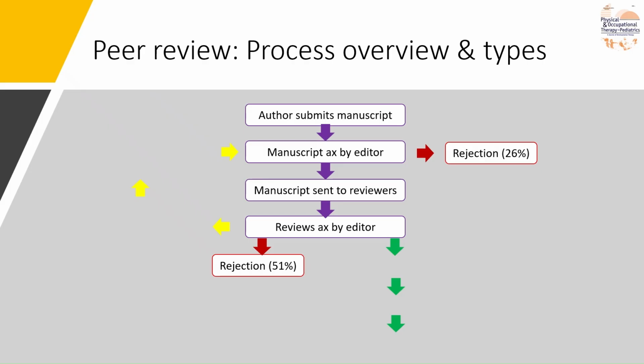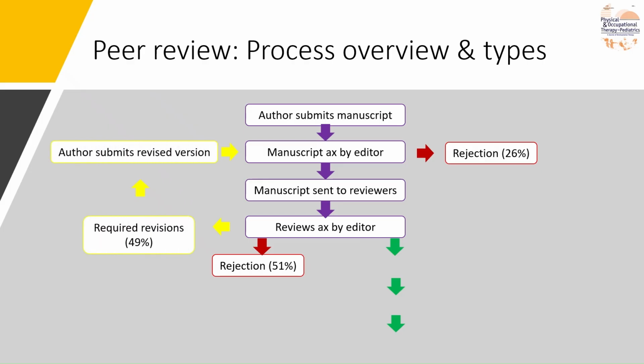In fact, in Physical and Occupational Therapy in Pediatrics, we reject about 51% of manuscripts following the reviewers' reports. And another 49% do require revisions, after which the author submits the revised version and goes through the same process once again. Finally, to be accepted, produced, and also published.